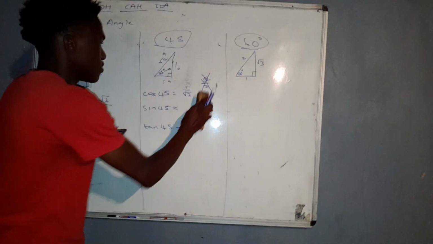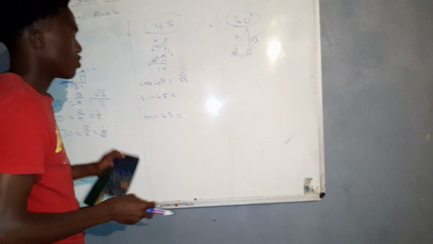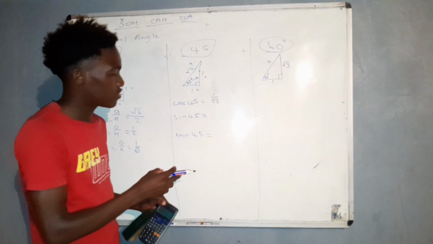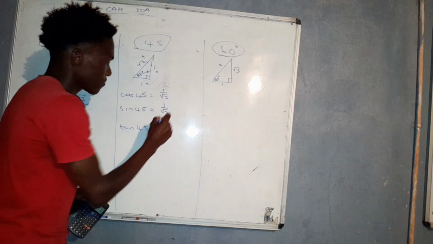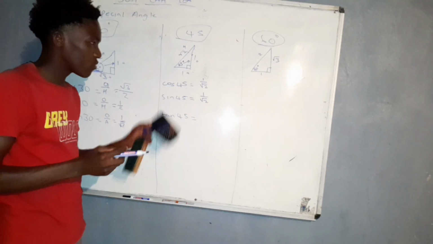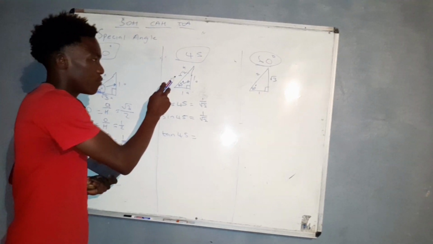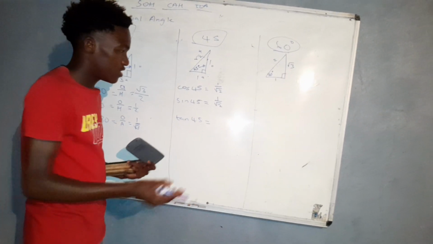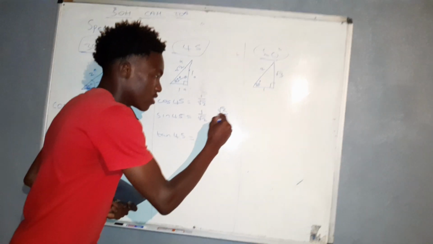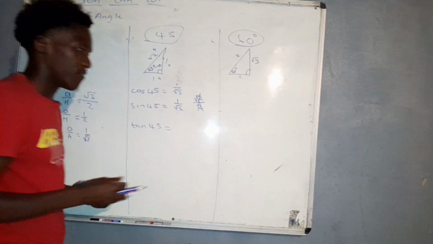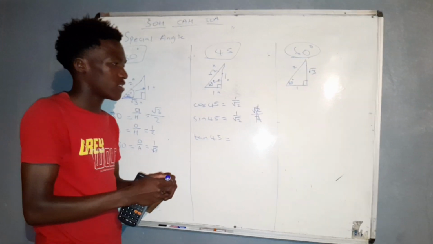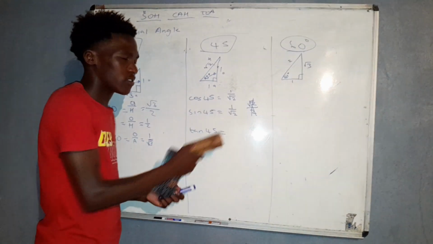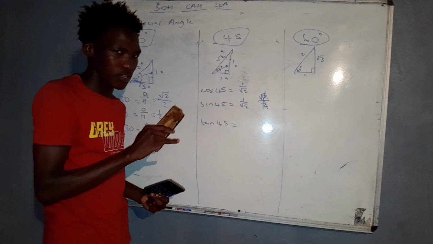Okay, so now let's continue. Sine 45, it's good. Still the same thing. Opposite over hypotenuse. Do not write this. I'm going to emphasize this because most students get penalized because of this.